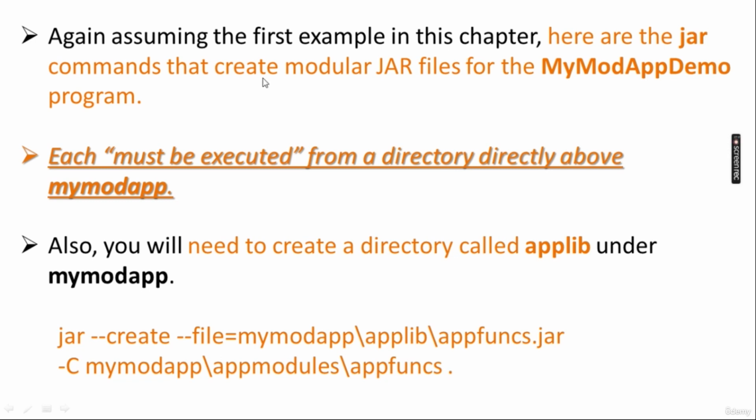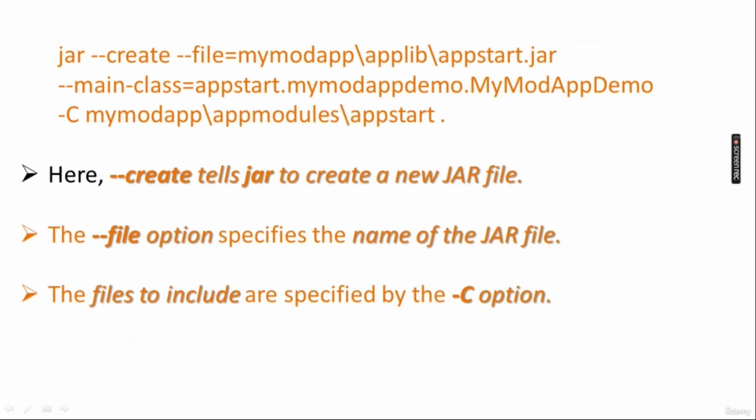Here are the jar commands that create modular JAR files for the MyModApp demo program. jar --create --file=MyModApp/applib/appstart.jar --main-class=MyModAppDemo, which has public static void main, -C MyModApp/appmodules/appstart. Create tells jar to create a new JAR file.